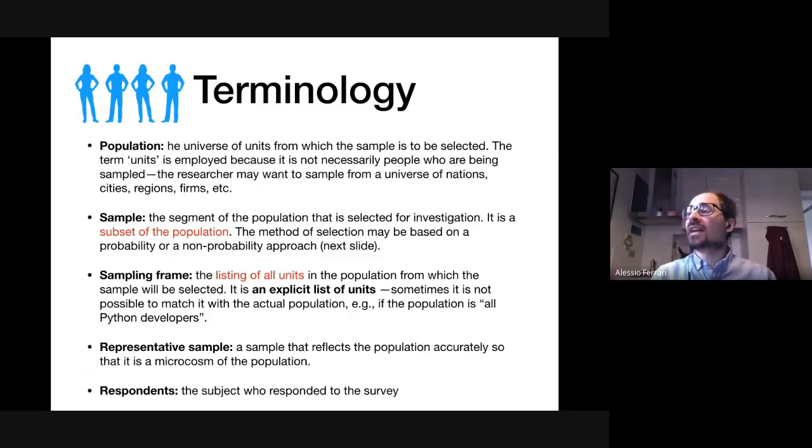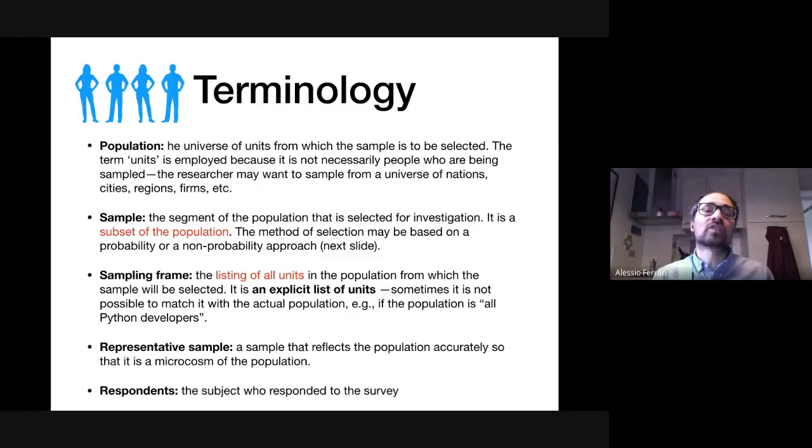It doesn't necessarily match with the population. For example, I can have the list of phone numbers for a town. This can be considered as a sampling frame, but it doesn't cover the entire population. Okay, so it's not the perfect sampling frame.